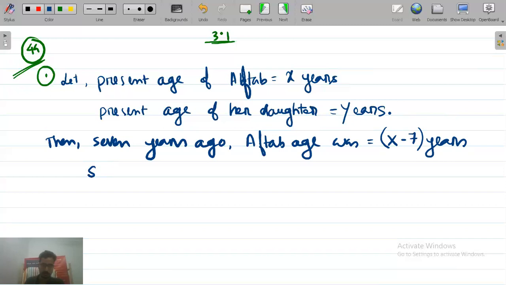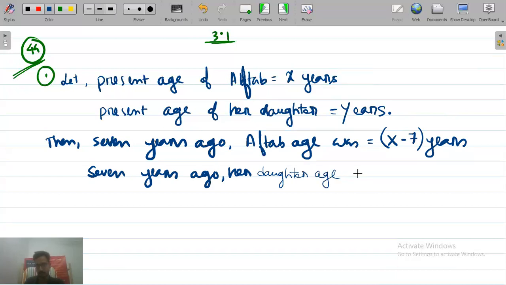So 7 years ago, his daughter's age was y minus 7 years. Yes or no? Her daughter's age was y minus 7 years.